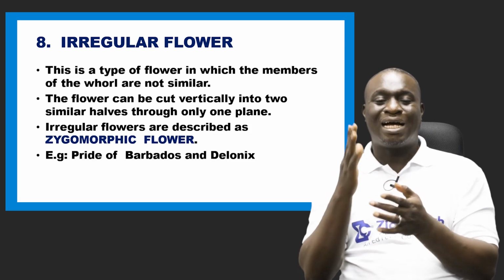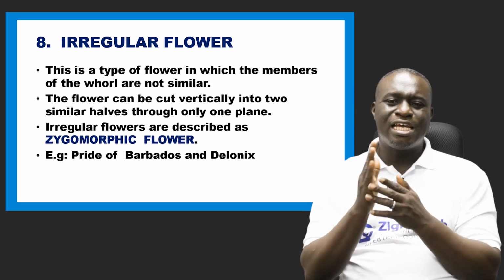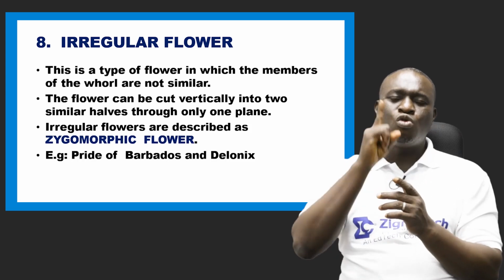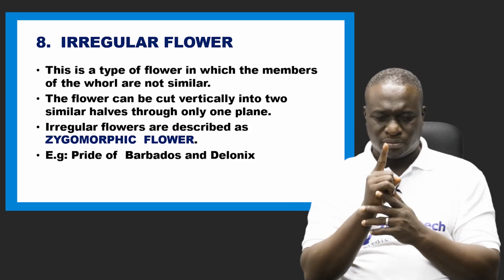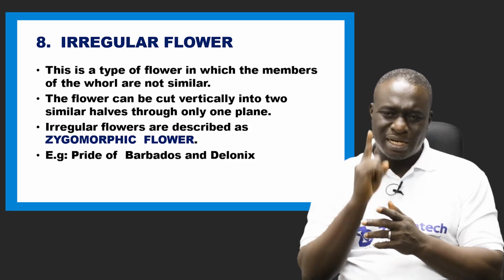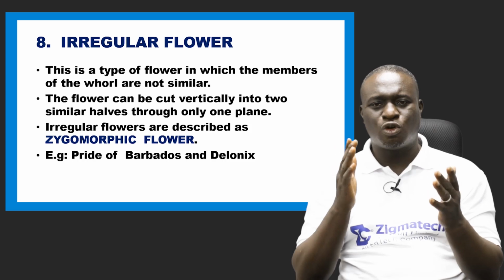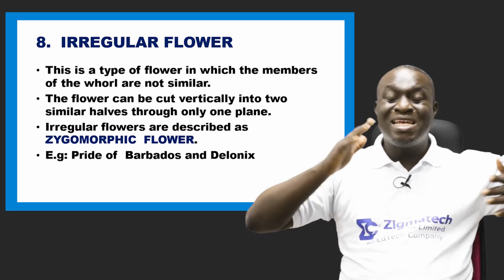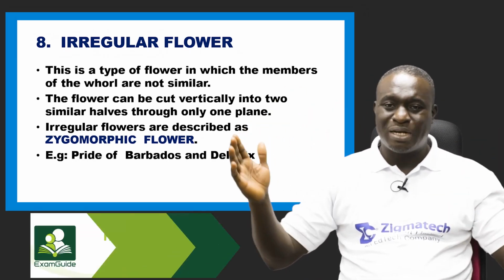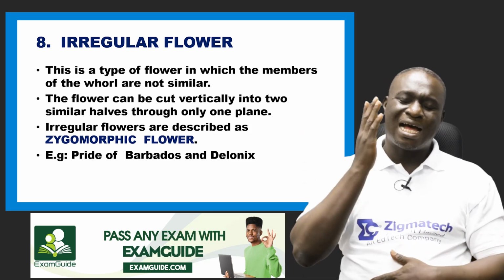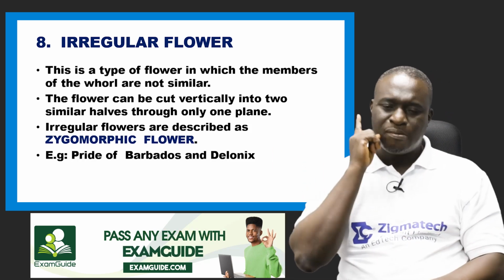Also, the flower can be cut vertically into two similar halves through only one plane. Remember, in a regular flower, they can be cut into two identical halves from any vertical plane. But in this case, it has to do with only one plane.